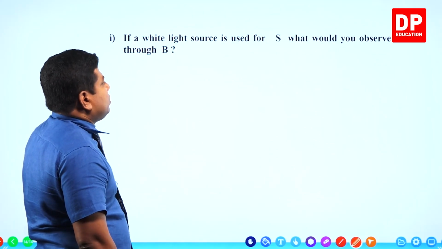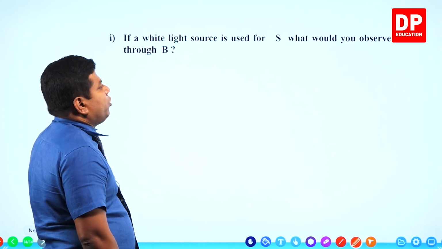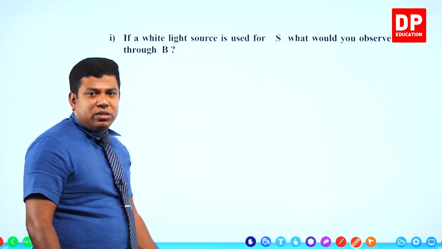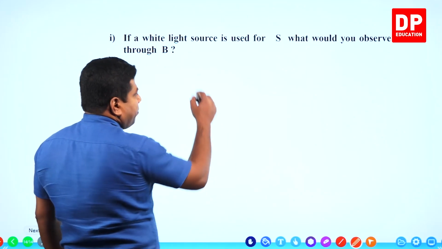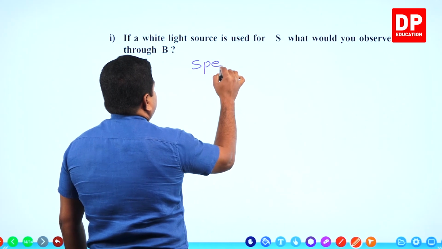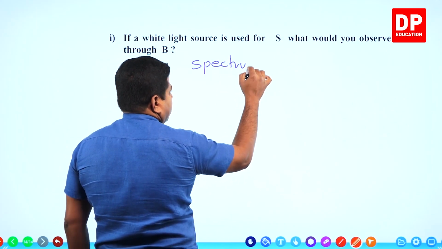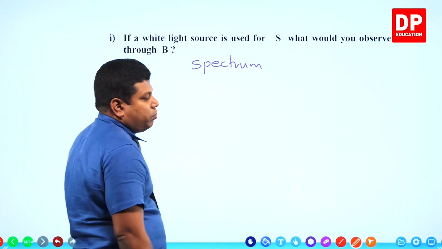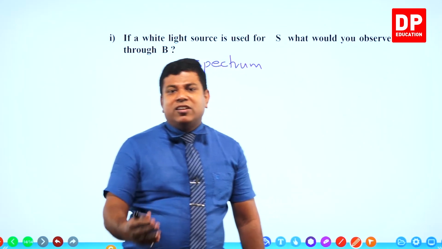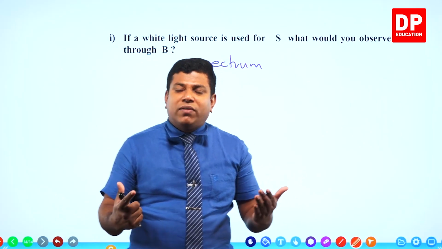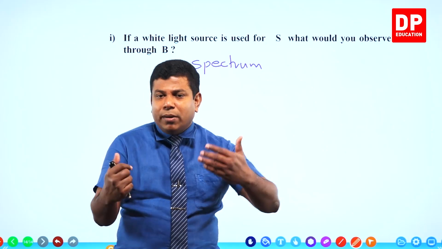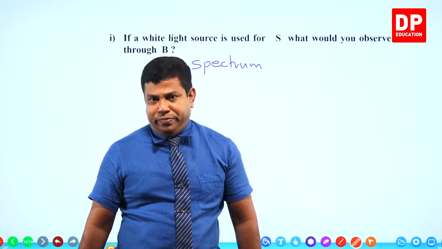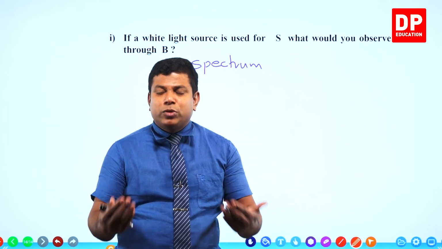If a white light source is used for S, what would you observe through B? You will observe a spectrum, a pure spectrum. That's what you would observe on the other side, because white light means there will be all 7 components of light. If all 7 components are there, you call it a pure spectrum.